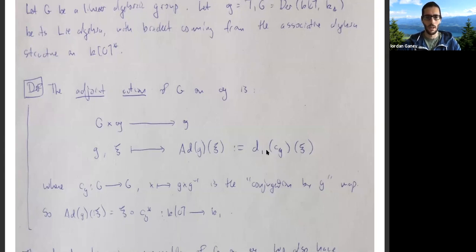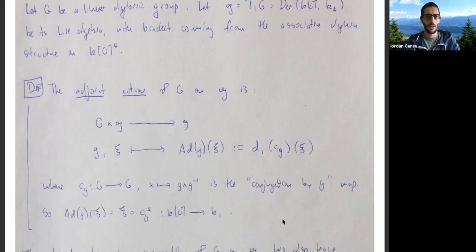By definition, differentiating a map amounts to precomposition with the associated pullback homomorphism on the algebra. So we have C_g, we have its induced map from the affine algebra of G to itself, and we just precompose that and then apply xi. That's what this action is doing. So this is the adjoint action.